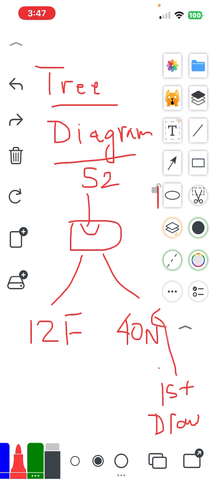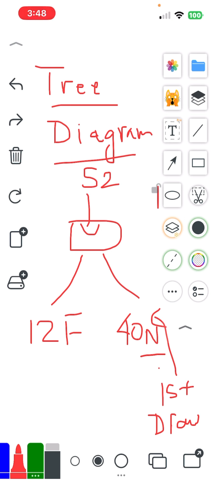So these cards with the letter N basically say these are not face cards. So for your first draw, you get 12 face cards and 40 not face cards, which means these cards do not have faces.